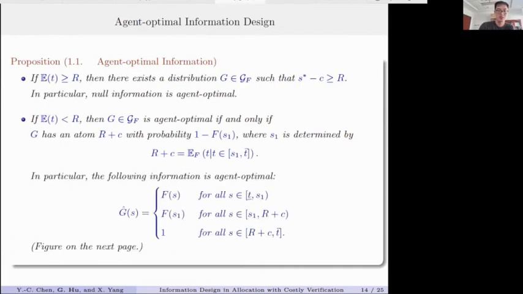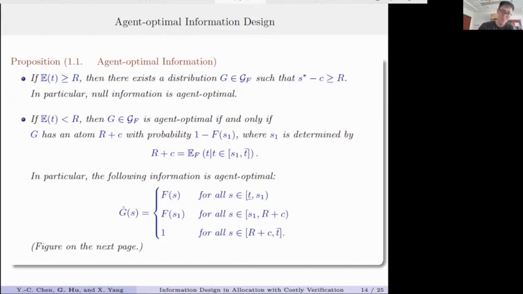So in particular, the following information is agent optimal. Before S1, the signal distribution is the same as the original distribution F. And above S1, all the probability mass is concentrated at the point R plus C.